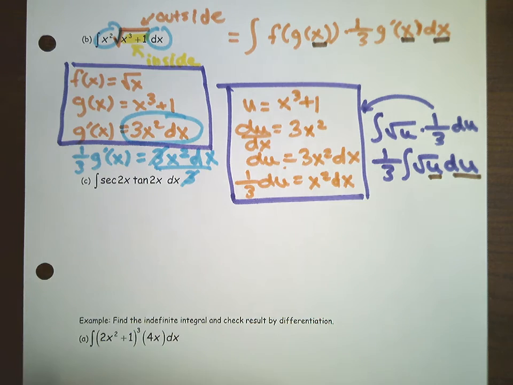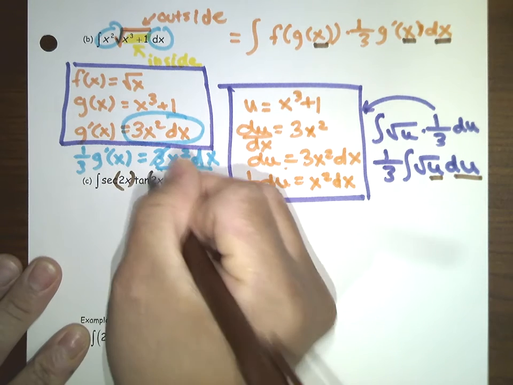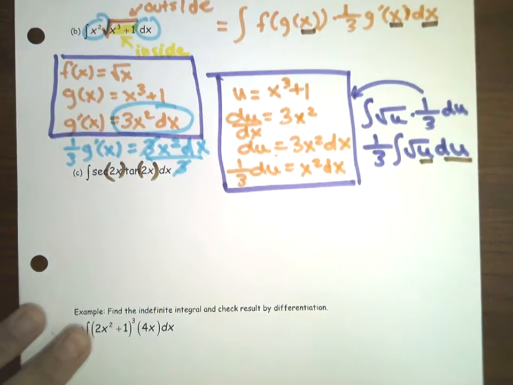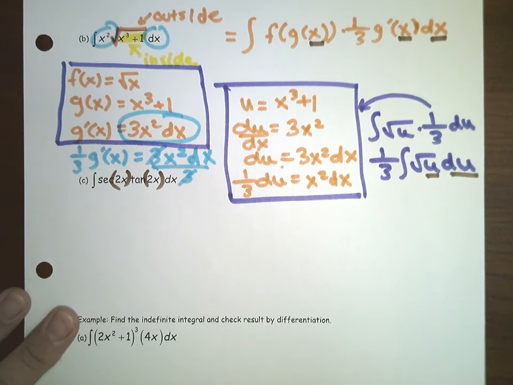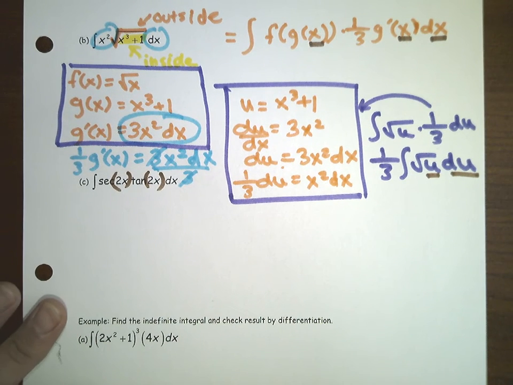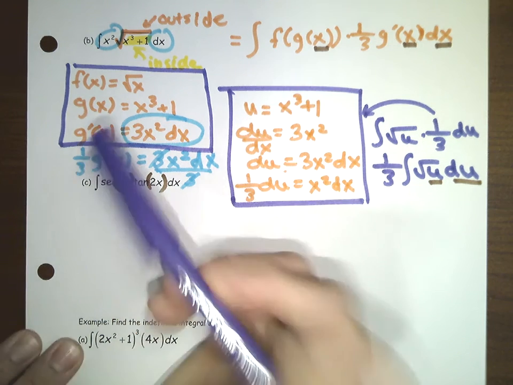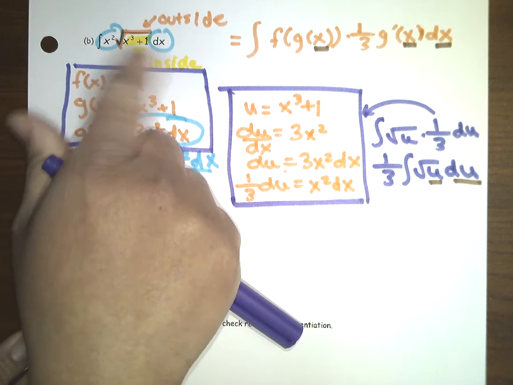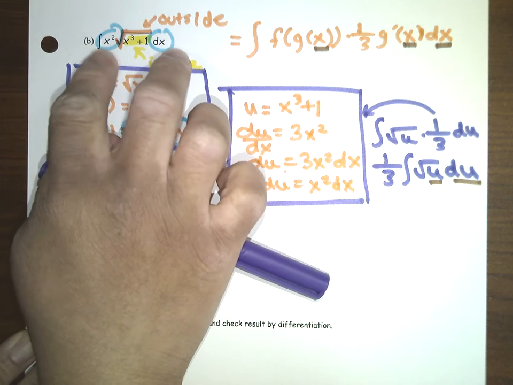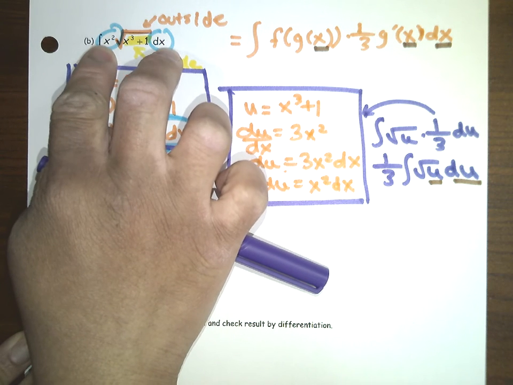So I actually have the 2x here in parentheses. So see how this part that I circled here does not have a 3 in front of it, right?